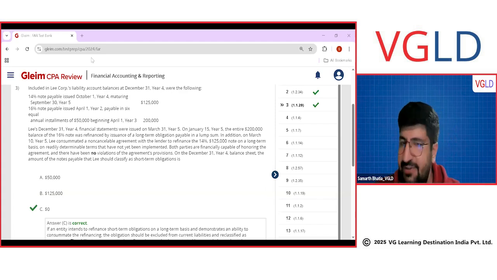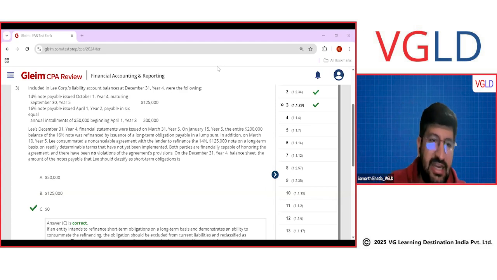Perfect. I think everyone is clear. Because it is clearly given, I don't know why you have not read it properly. It's clearly given that the entire 200,000 balance of the 16% note was refinanced by a long-term obligation, so it itself becomes a long-term liability.